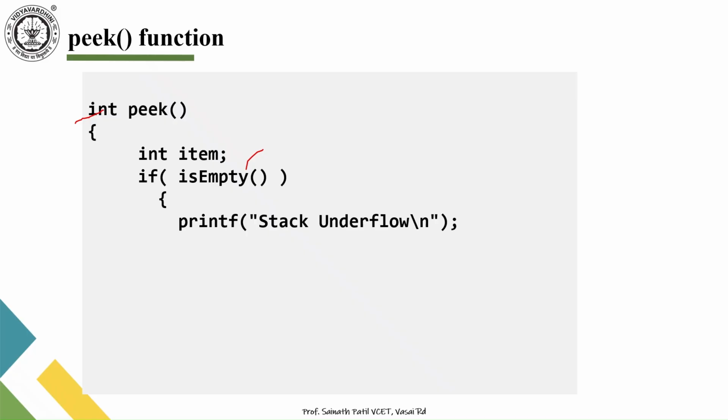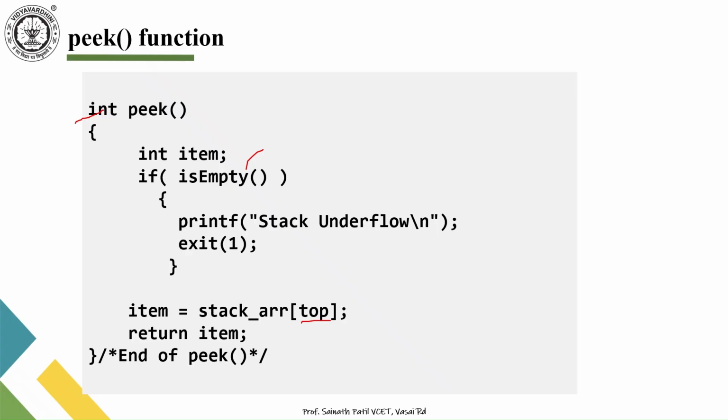So we write printf stack underflow or stack is empty, and exit to come out of the program, because if stack is empty, we cannot peek, we cannot read the top value. Otherwise, item is equal to stack array top. That means the value stored at, or pointed to by, the top. Top is the index where the last inserted data item is stored. So that value is simply assigned to item and we return item. So this is the peek function to read the top value of the stack.